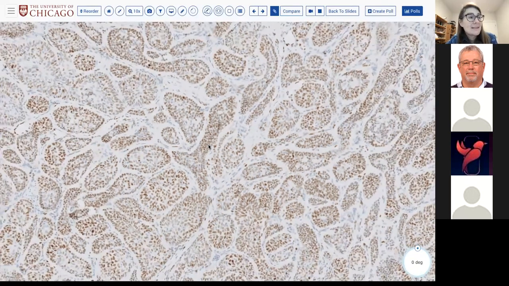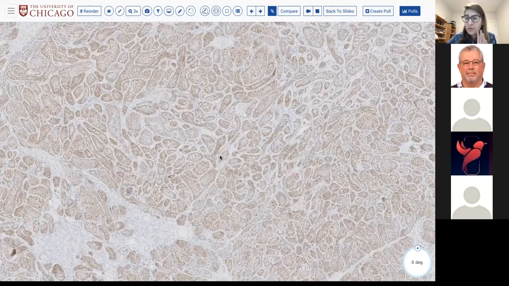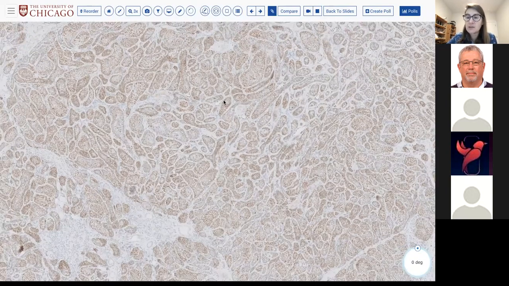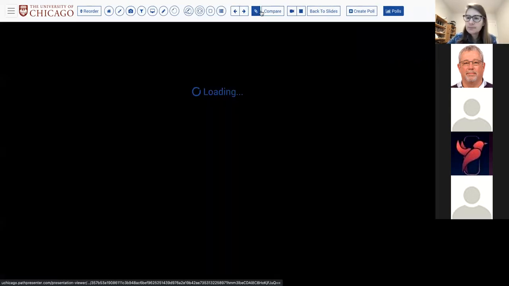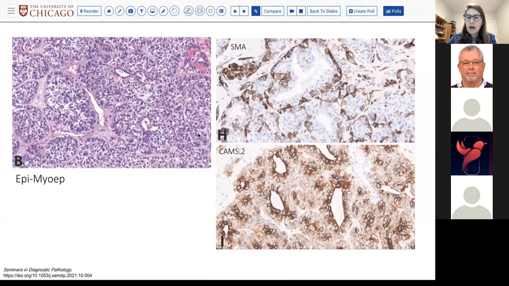But I don't really use it as specifically because it also stains nuclei of other neoplasms like pleomorphic adenoma or other biphasic things that are in your differential. So unfortunately, I do not think LEF1 is quite as specific. I do think beta-catenin is good for basal cell adenomas, but not for basal cell adenocarcinomas. And LEF1, I don't like. Does that make sense? Okay.